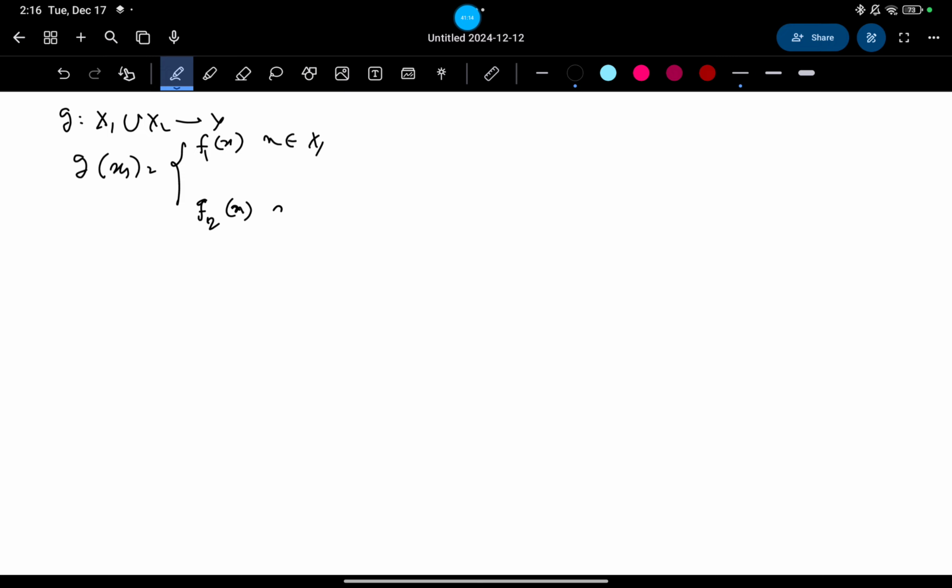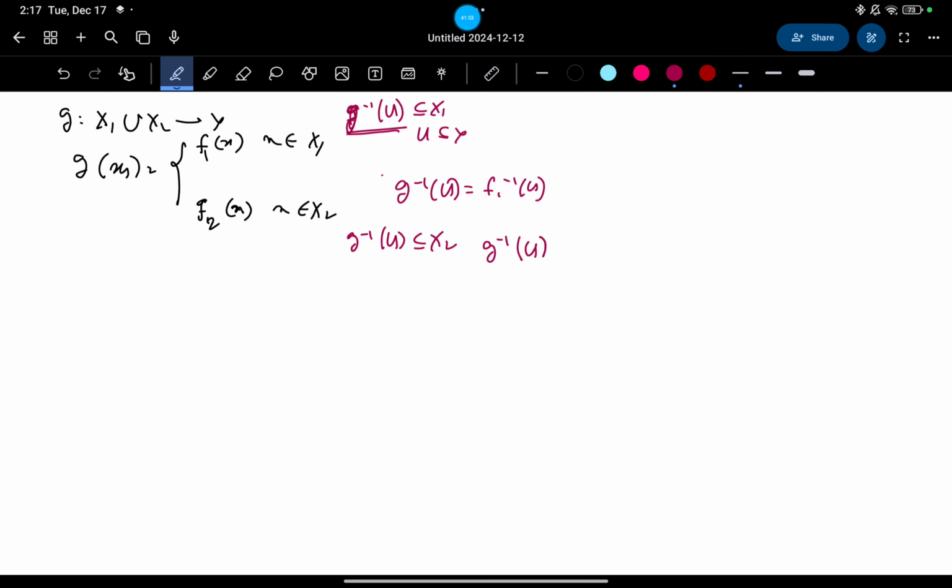Once you consider an open set, take any U subset of Y which is open. If g inverse of U is exactly inside X1, then g inverse of U is nothing but f1 inverse of U, and we are done. If g inverse of U is exactly inside X2, then g inverse of U is nothing but f2 inverse of U.